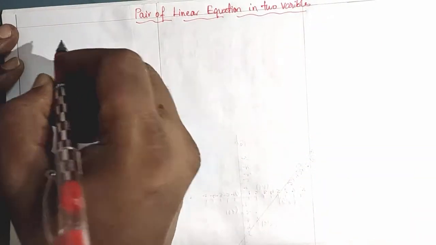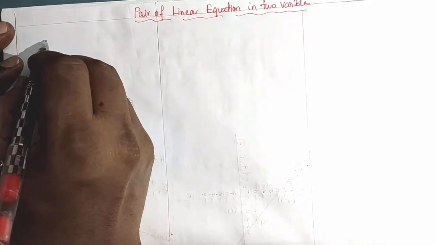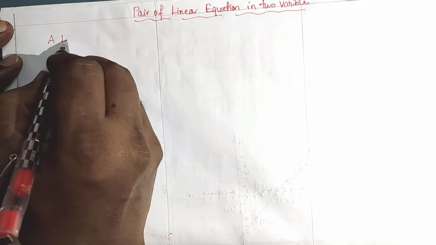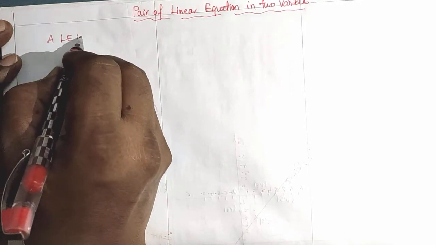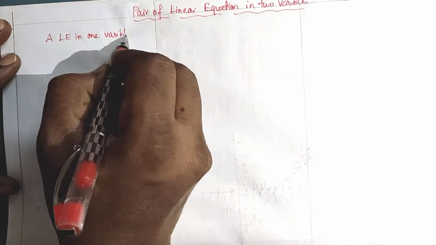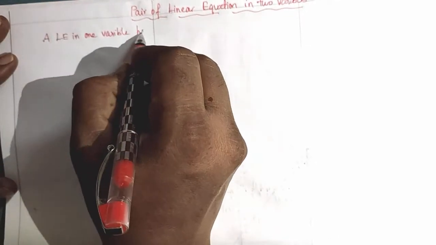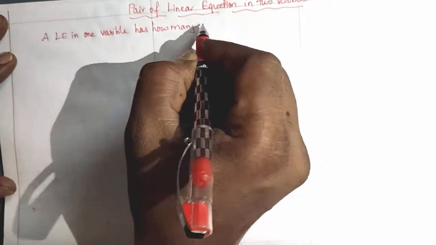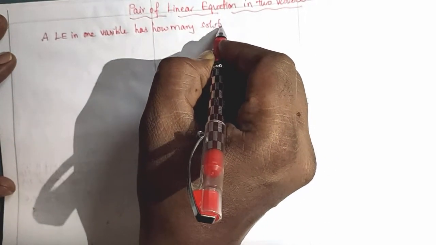A linear equation in one variable has how many solutions?